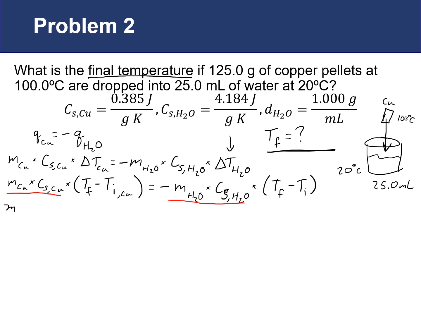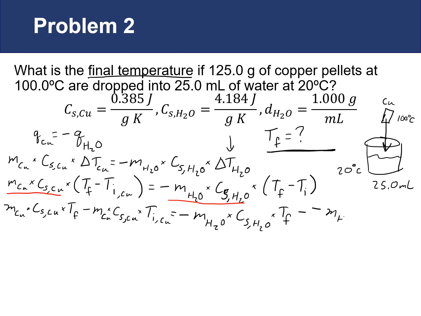So this gives us mass of copper times the heat capacity of copper times temperature final minus the mass of copper times the heat capacity of copper times our temperature initial of copper is equal to the negative of the mass of water times the specific heat capacity of water times our temperature final minus the negative of the mass of our water times the specific heat capacity of water times our initial temperature of water.